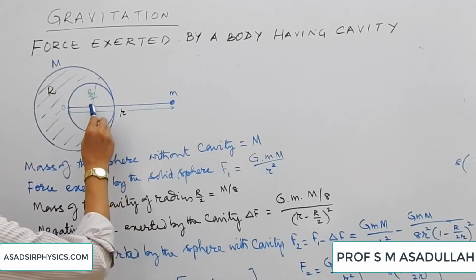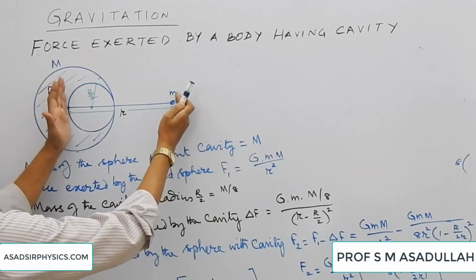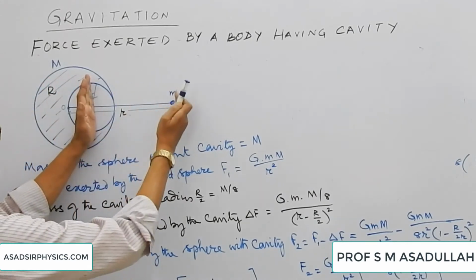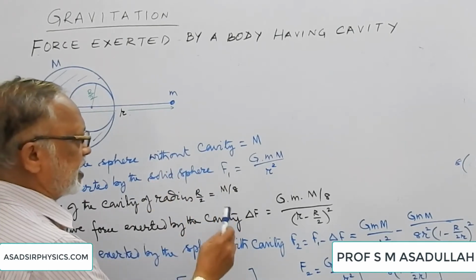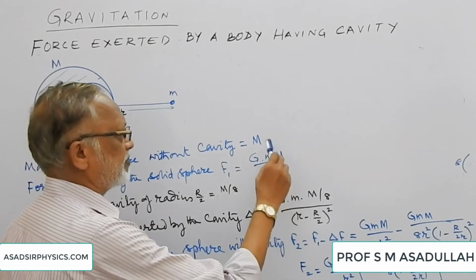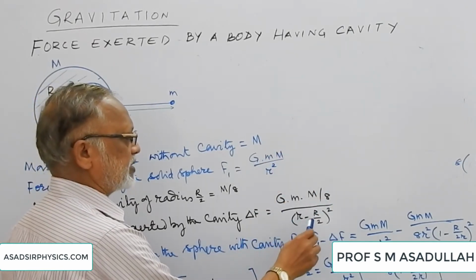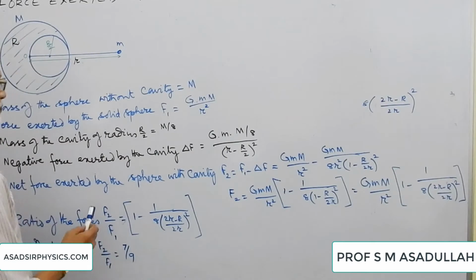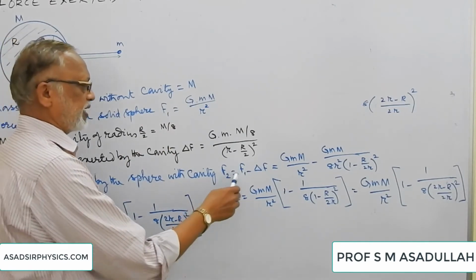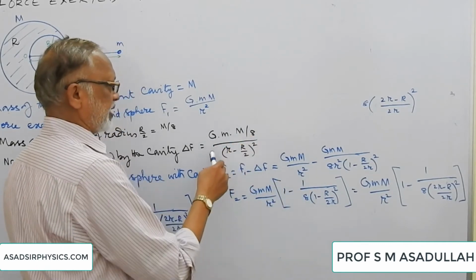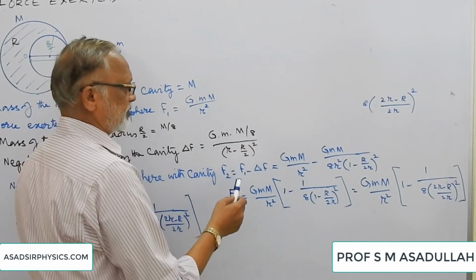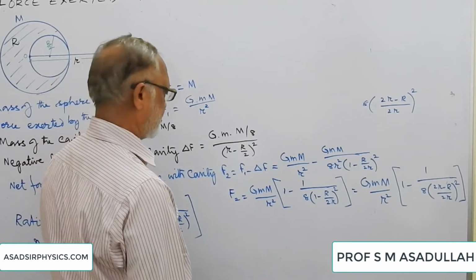What is the distance between the center of this one and this one? This distance is r. This is R by 2. So the remaining distance is r minus R by 2. Now the force exerted, delta F, is equal to G M by 8 m divided by (r minus R by 2) whole square. Now net force: because so much force is reduced, the net force is this minus delta F. F2 is equal to F1 minus delta F, that is GMm by r square minus GMm by 8 (r minus R by 2) square. r square I have taken out: bracket 1 minus R by 2r whole square.